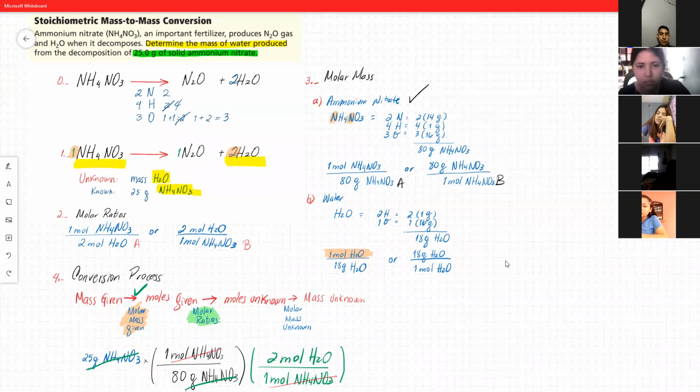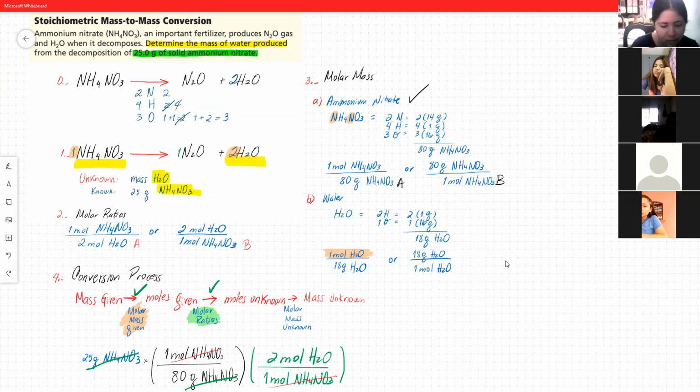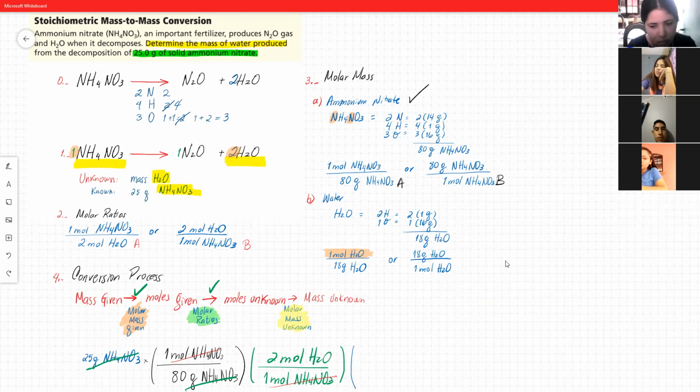Now I accomplished the second step, and it says, from moles unknown to mass unknown, I have to use the molar mass of the unknown. To use it, I need to see what to eliminate first. First, I have to eliminate the moles of water, because I want grams, mass of water.